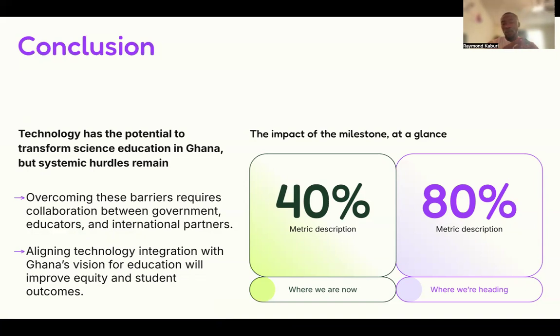For now, we can see that there's still a gap: per what research says, about 40% is done at the primary level and 80% at the high school level. And we hope that if these recommendations are taken seriously and policymakers implement them, we'll improve upon this in the near future.